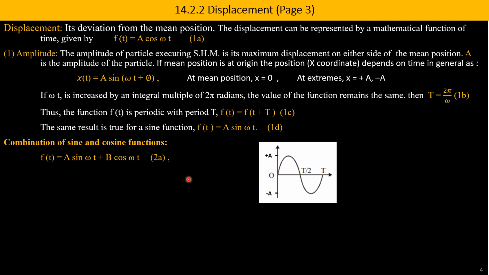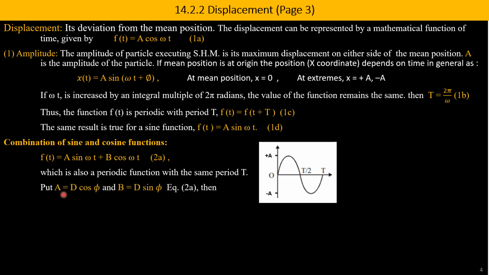Consider a trigonometric function f of t equal to a sin omega t plus b cos omega t. Let it be equation 2a. Then this is also a periodic function with the same period, because omega t is the same for both the terms on the right hand side.